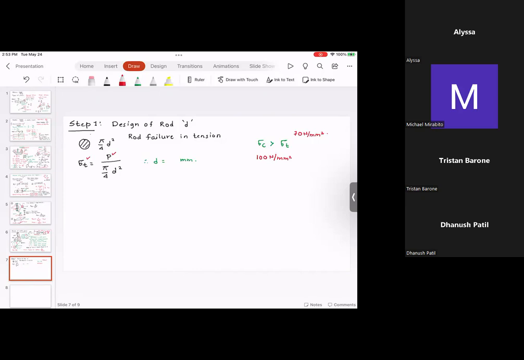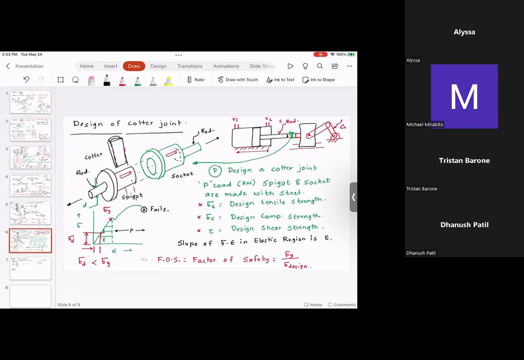Next, step 2. Now, we have to actually solve this problem in 2 steps.